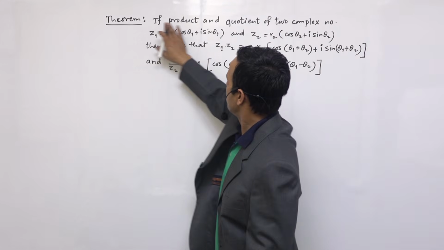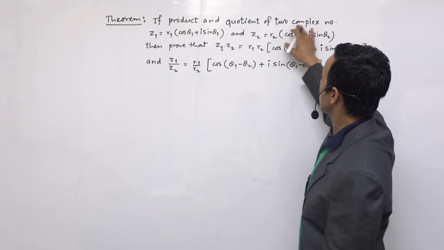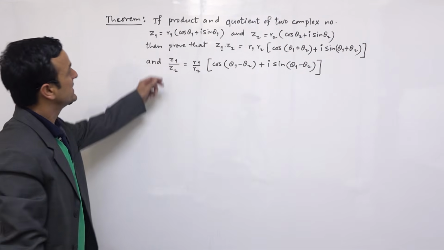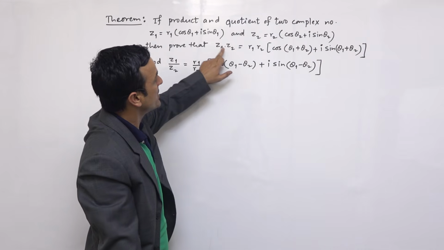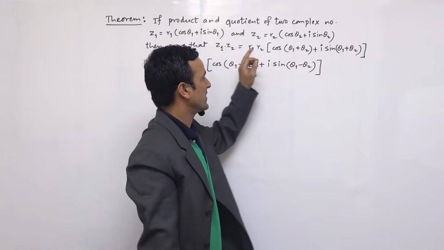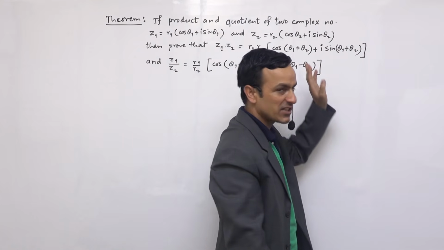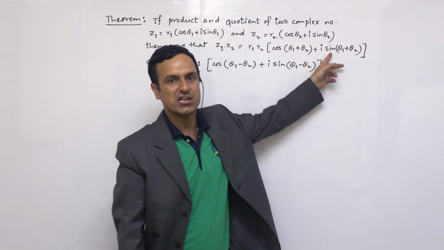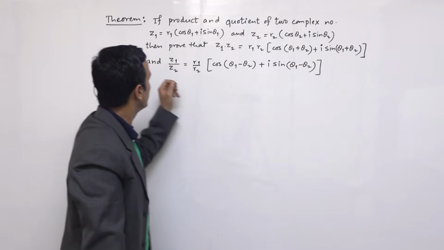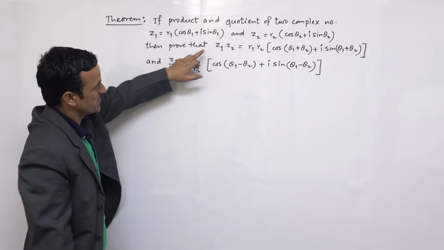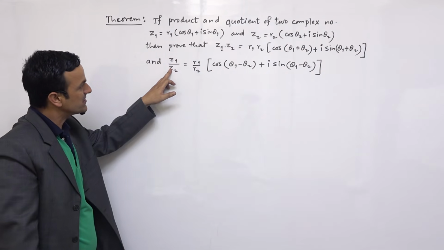So this is: if product and quotient of two complex numbers z1 and z2, then prove that z1 into z2 is equal to r1 into r2 times cos theta 1 plus theta 2 plus i sin theta 1 plus theta 2. Similarly, z1 divided by z2, it is the quotient, it is product and it is quotient.